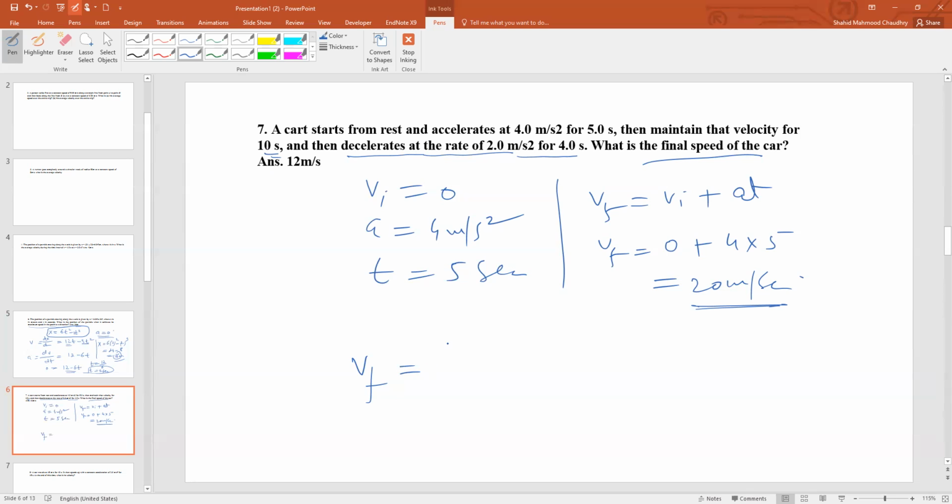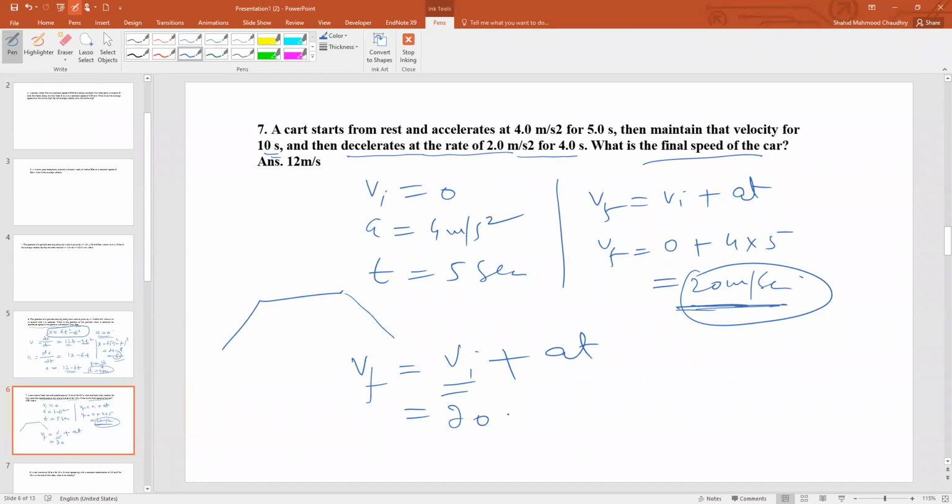Apply the same formula. Here Vi is what? Because it is like this, 20 meters per second constant, and then it decelerates. So minus a t: 2 into 4 is 8. So 20 minus 8 is equal to 12 meters per second. So this is the answer.